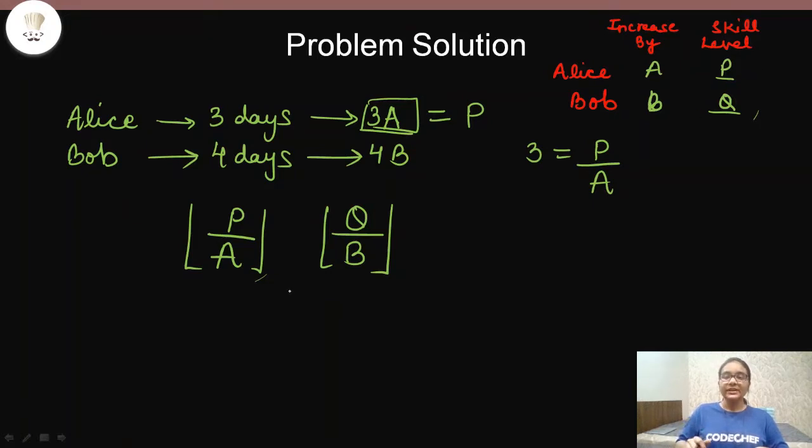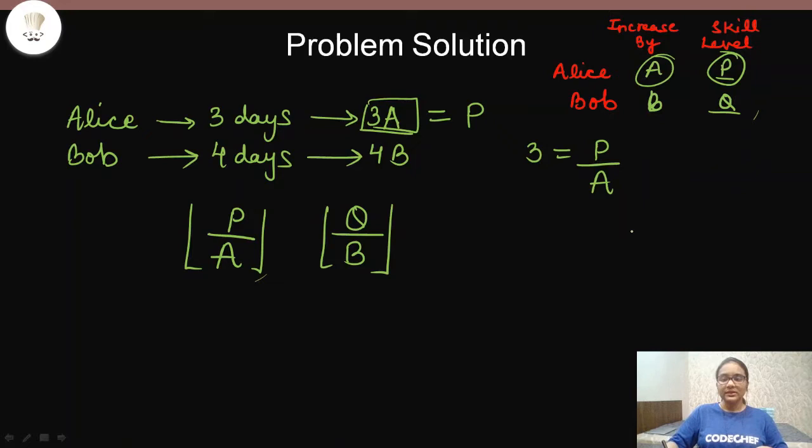Now how do we find out whether they can achieve this skill level or not? The first and foremost thing you need to keep in mind is that P has to be a multiple of A, because here we are doing P divided by A. If P is not a multiple of A, then this skill level cannot be achieved.